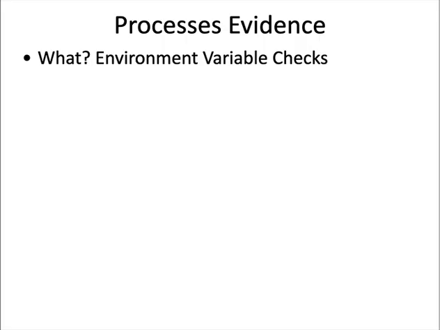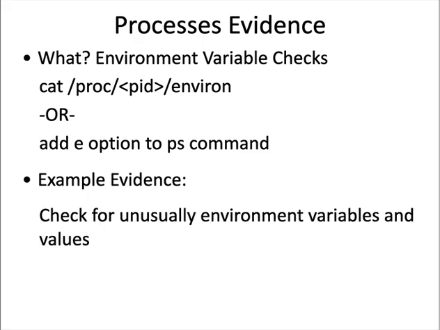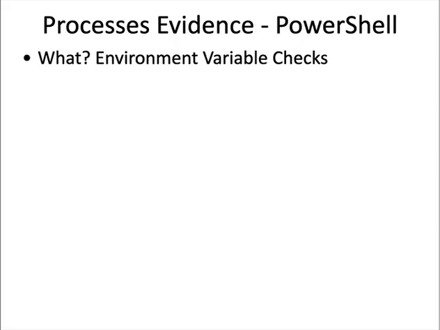Environment variables. There are different ways to look at environment variables that affect how things run, or possibly parameters into an executable. If your Unix supports the /proc file system, you can cat out /proc/process ID/environ, and it will give it. Or you can add the e option to the ps command. And your example evidence, or what you want to check for, is just to look through for unusual environment variables, either unusual values or possibly unusual names for the environment variables.